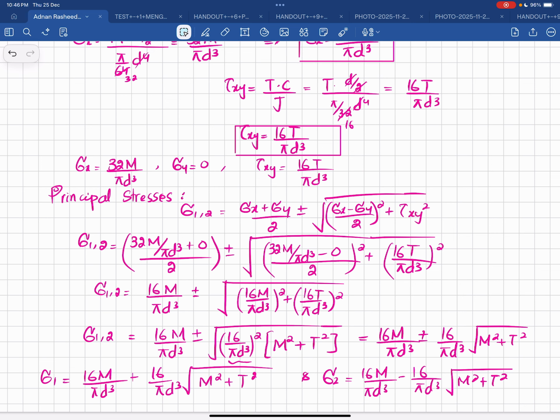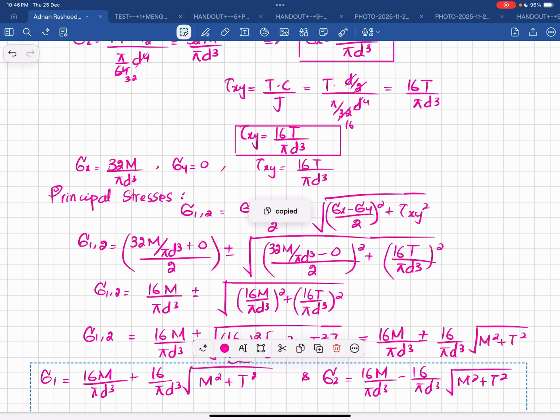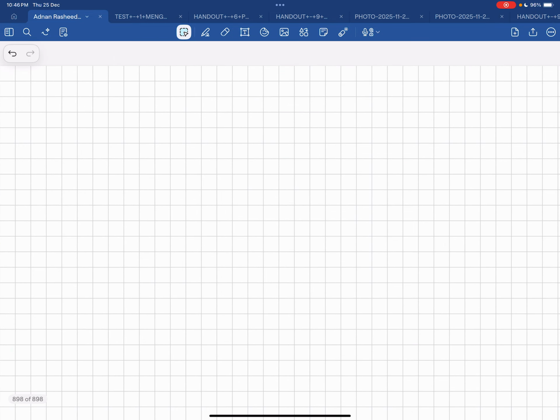I do not have sufficient space, so I will copy that and we will move toward the next page.